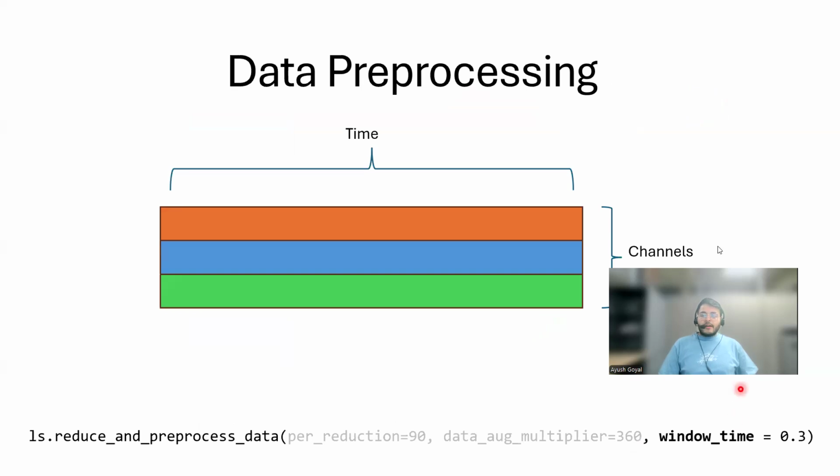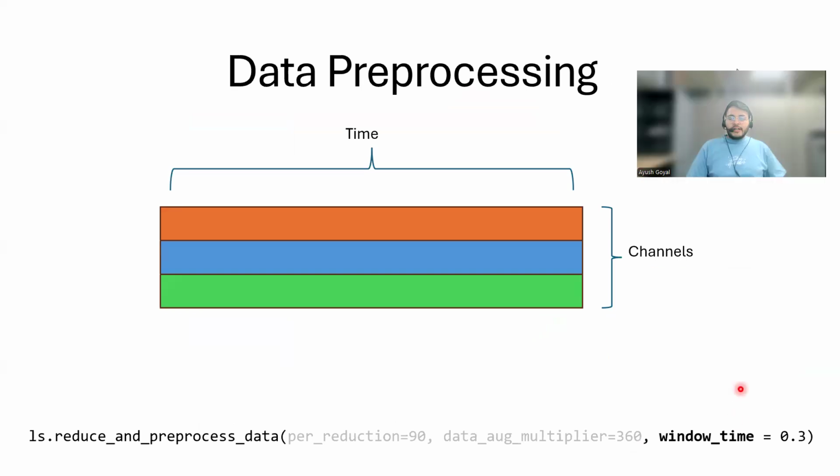Now, once the data is given to the package, the second line of code would be reduce and preprocess. This is going to preprocess the data and then reduce the amount of data. Let's start with preprocessing the data. One of the parameters that you see here is window time.